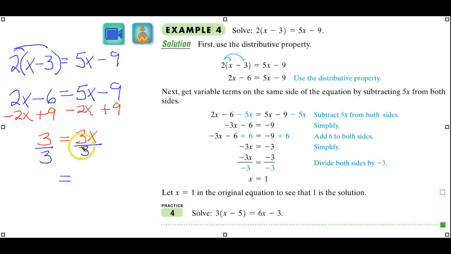And since it's positive, I'm not too concerned about the sign. This will be x, and anything divided by itself except 0 is 1. And that's what they had. Now notice in the book, they're showing that they did it the other way and ended up with a negative. So they had to divide both sides by a negative 3, and the answer checks out the same. But I like to keep my variables positive.